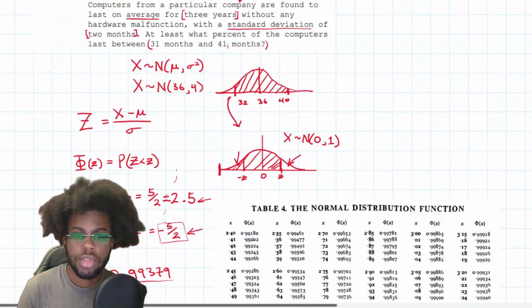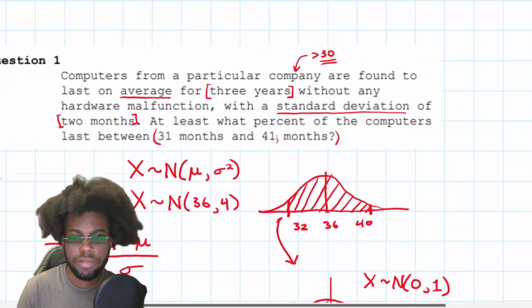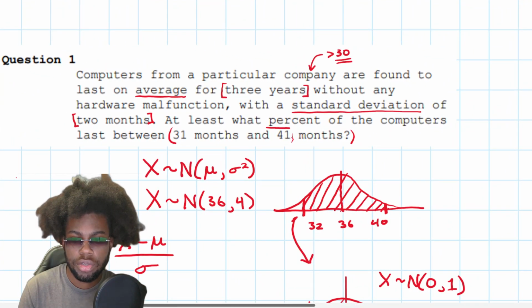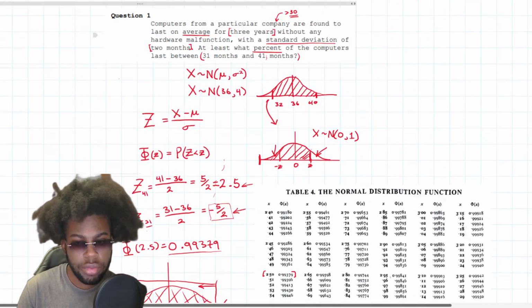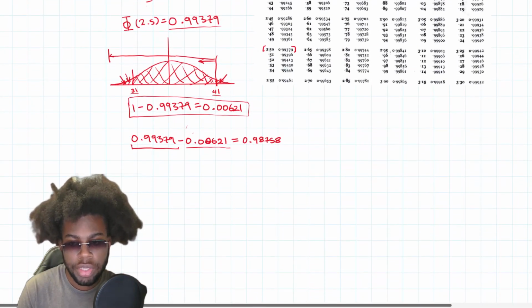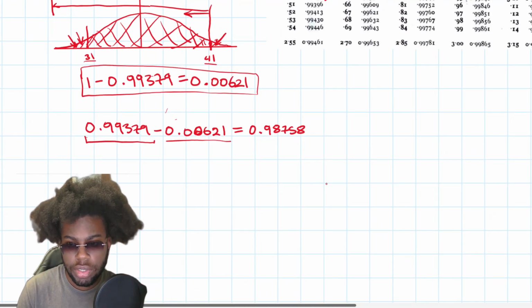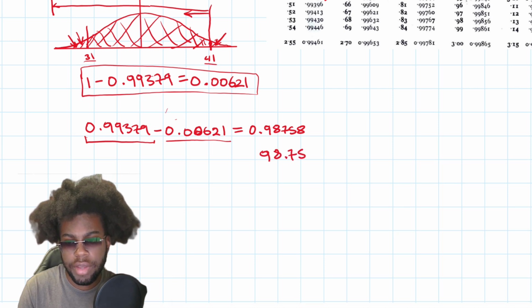0.98758. However, our question did ask us for a percentage, and of course, it's trivial to find a percentage from a probability. This simply represents 98.758%.